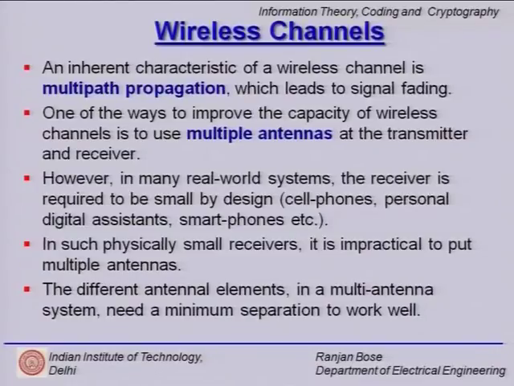So, the requirement of spacing between antenna elements and the space available on the receiver handset restricts putting multiple number of antenna elements at the receiver end, but from the base station's perspective this can easily be done.